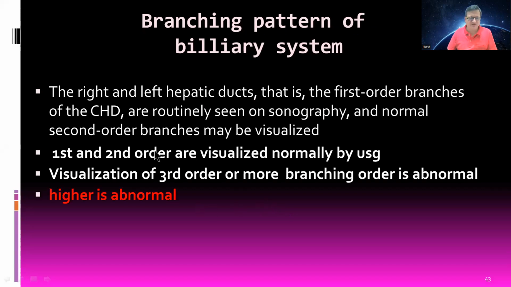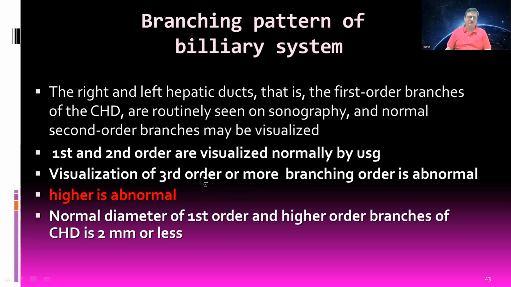You should remember that the right and left hepatic ducts, the first order branches of the common hepatic duct, are routinely seen on sonography, and normal second order branches may also be visualized sometimes. However, visualization of third order or higher branching is abnormal.